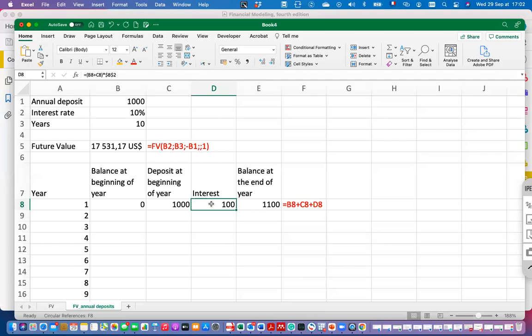Plus the amount you are bringing, or the annual deposits you are making every year, right? So you are applying the interest on both of them. The balance at the beginning plus the annual deposit you are adding every year. That's why the interest is equal to, see, open the parenthesis, B8, which is the balance at the beginning of year, plus the annual deposit you are adding each year, and the whole thing is multiplied by B2, which is the interest rate.